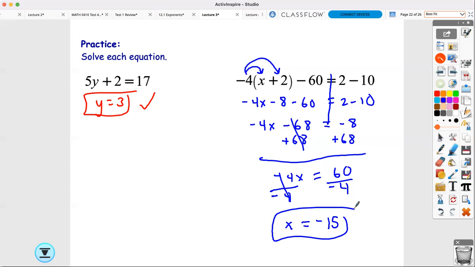So we all got -15. Good job, class. Any questions so far on what we did in these practice problems?